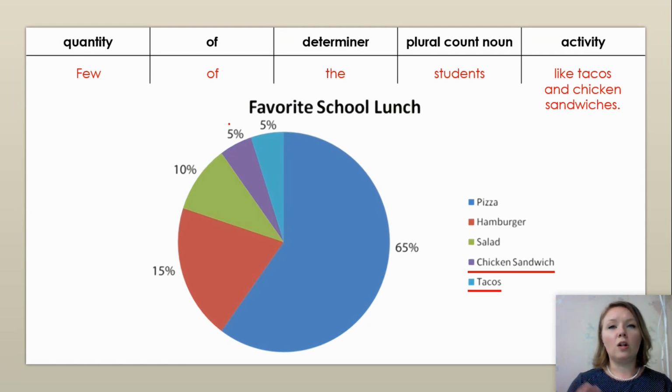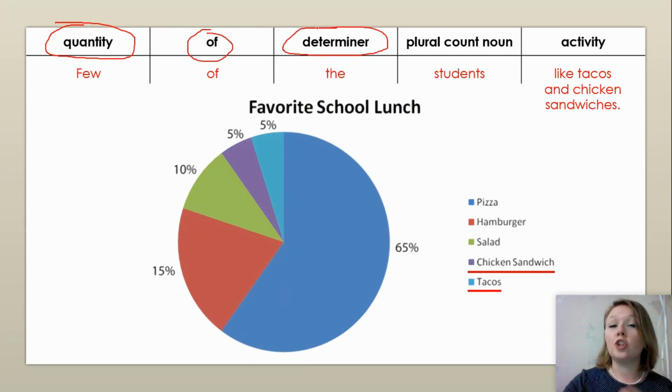And these are all ways that we can express quantity. Most of the students, a lot of the students, some of the students. And notice again our structure: we have quantity, some, a lot, few, many, of, our determiner, which is small words like the, my, or that, our plural count noun, right?